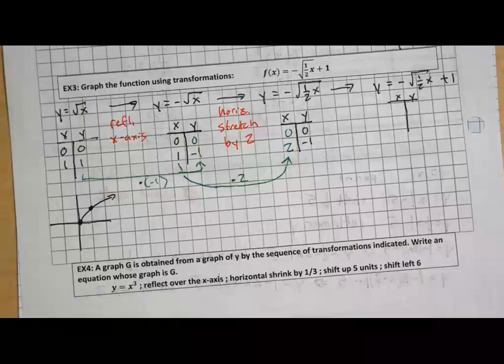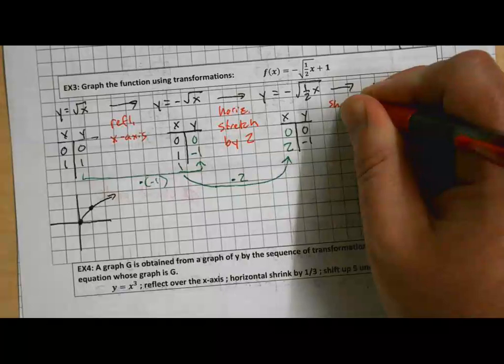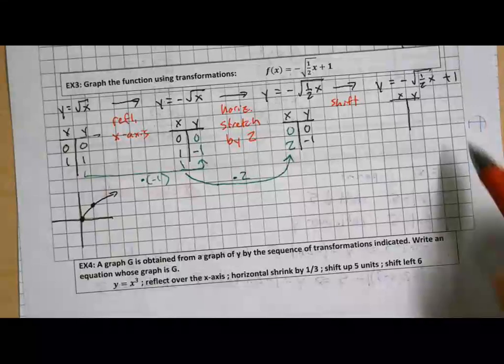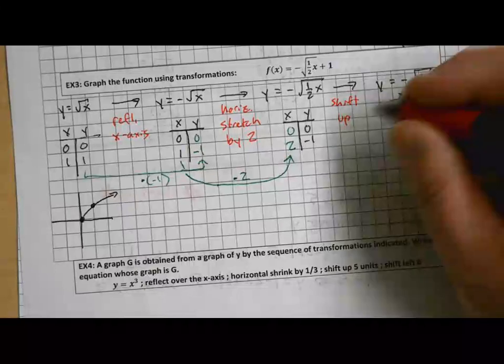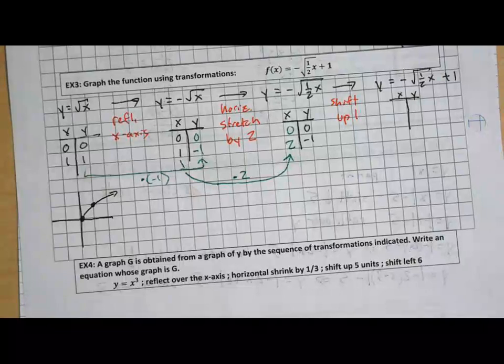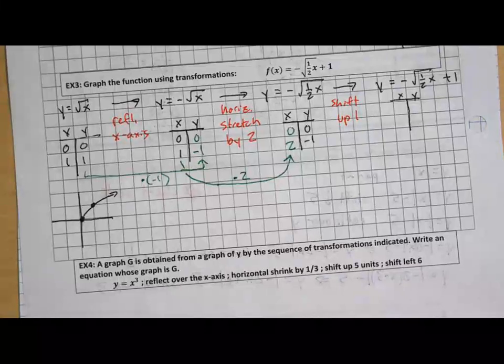Adding on the outside is going to be a shift. Which direction, though? Up, down, left, right. +1, up by 1. You could draw an arrow. And which coordinates change when we're shifting up and down?